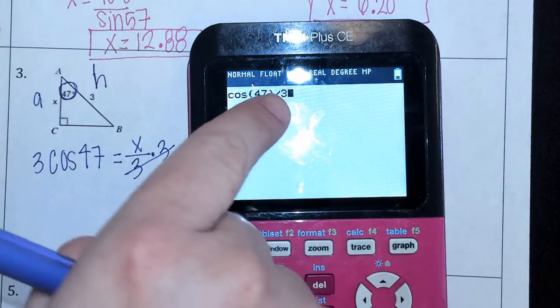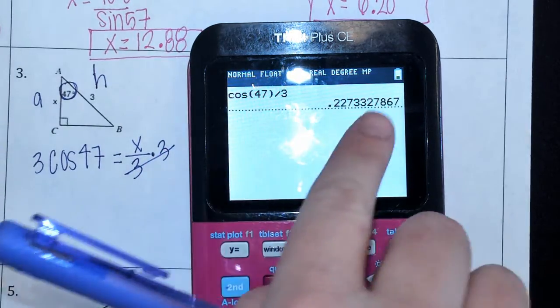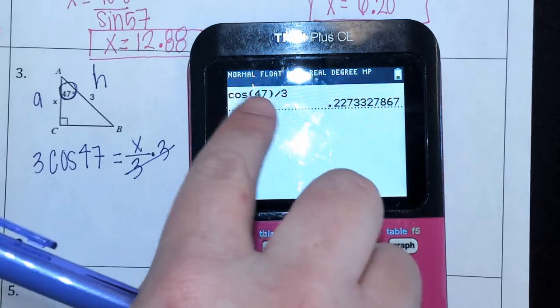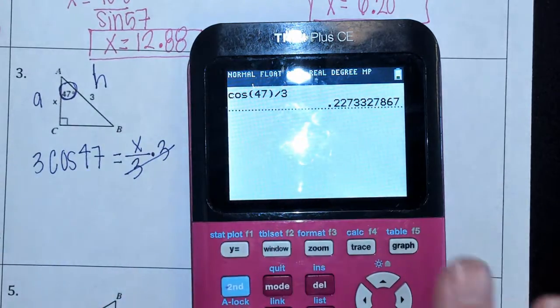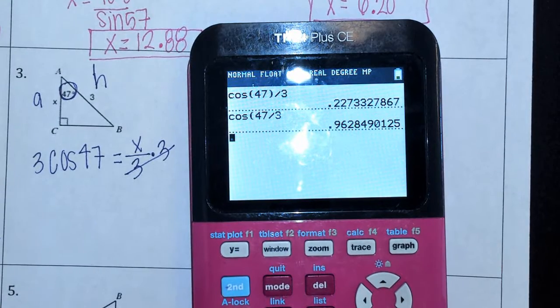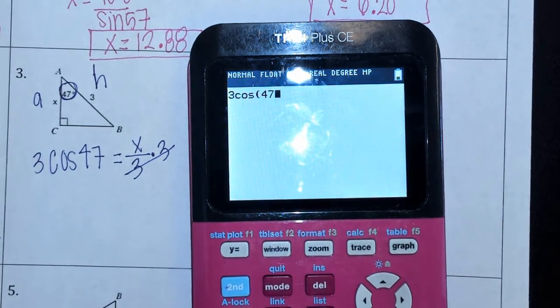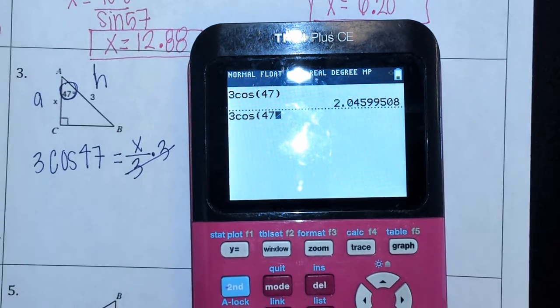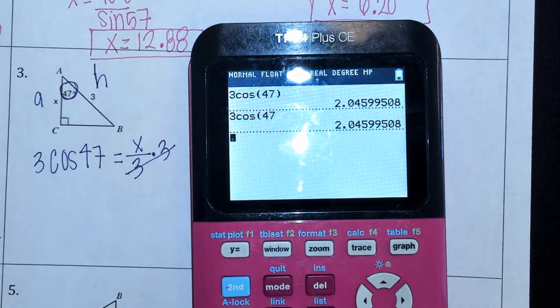And if you don't close that parentheses, watch this. So this is not the answer. That's cosine 47 divided by 3. But if I just press cosine 47 divided by 3, I get something different. Technically, you'll get the same thing right now whether you close it or whether you don't, but I just want you to get in the habit of closing it.